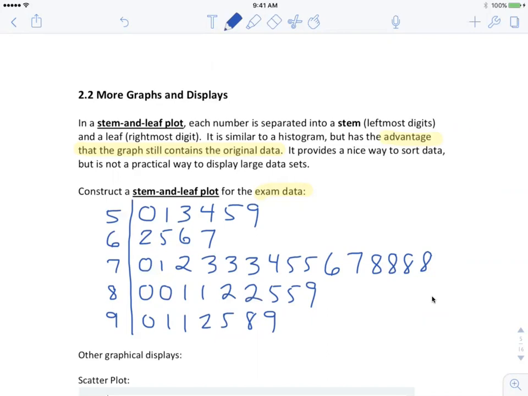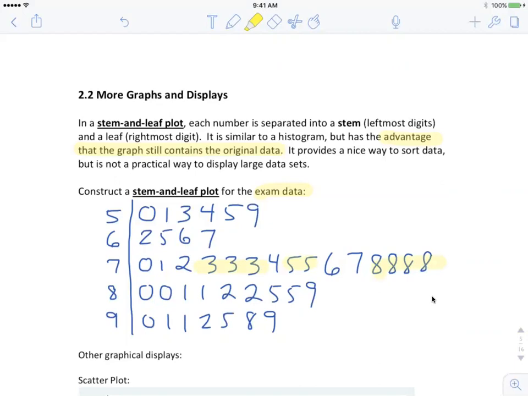The 60s, I had 62, 65, 66, and 67 from that raw list of data. Notice also if numbers repeat, like in the 70s, I've got 3 3s written there. That's because when I look back at my original data set, 73 appeared 3 times, 75 appeared twice, 78 appeared 4 times, okay?